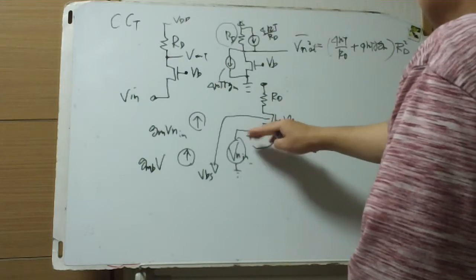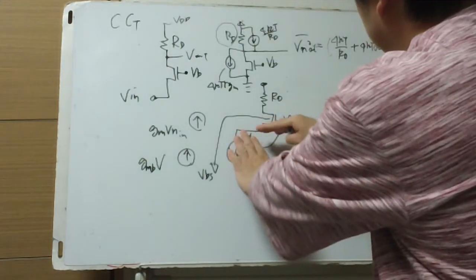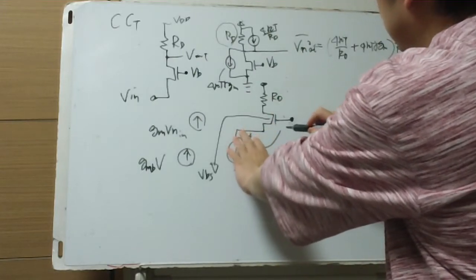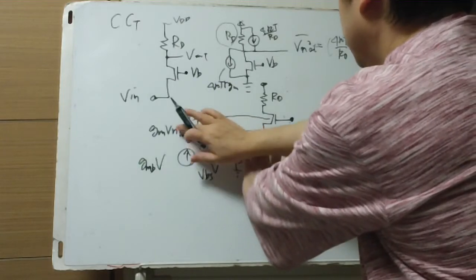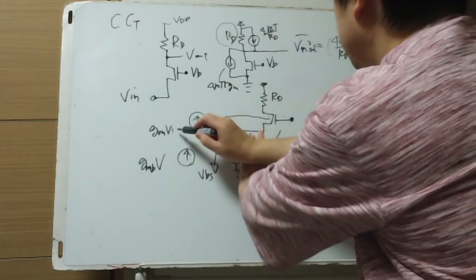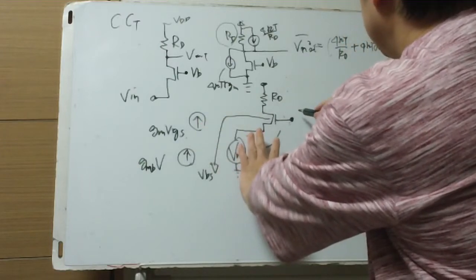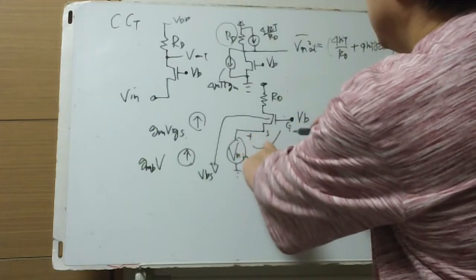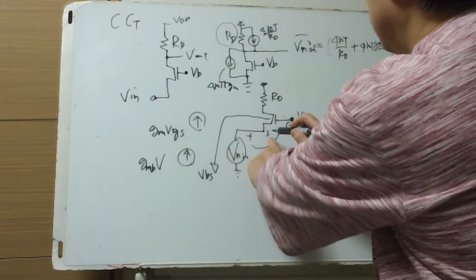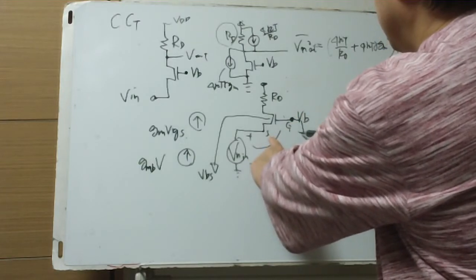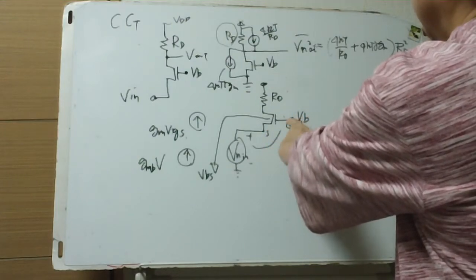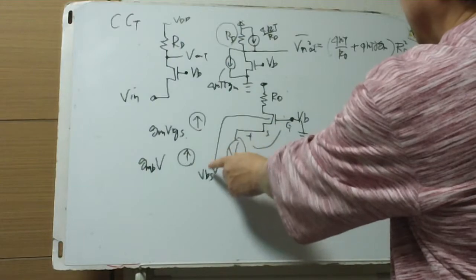This is VGS, this is VB, and this is G and S, and D to S is AC grounded, bias is constant, so source to ground is the same.